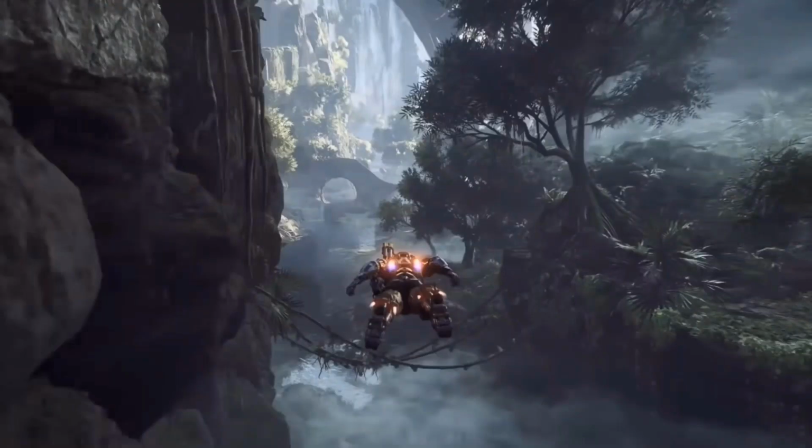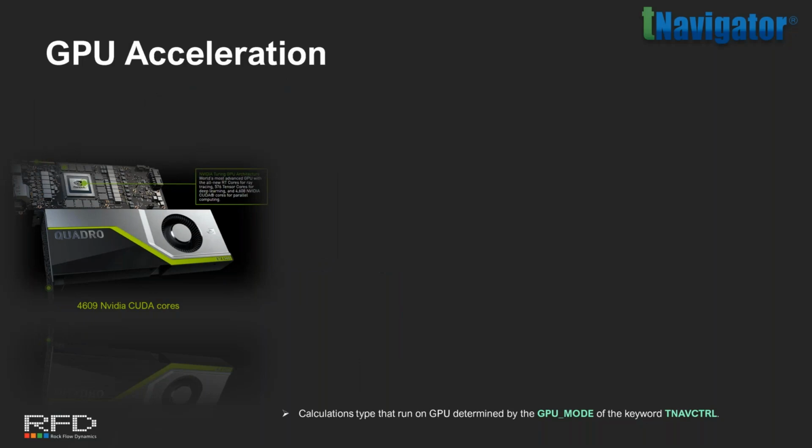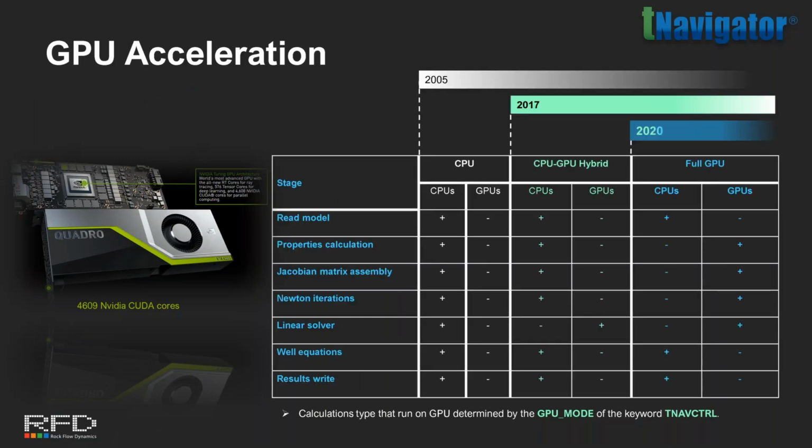Typically, when GPU emerged to the market, it was used to accelerate the frame rate, to refine the image quality, to ensure a very nice, amazing quality performance. But today, we are using this technology not just for gaming anymore. Starting from 2017, TNAV became the world's first reservoir simulator to support a hybrid of CPU plus GPU for dynamic simulations.